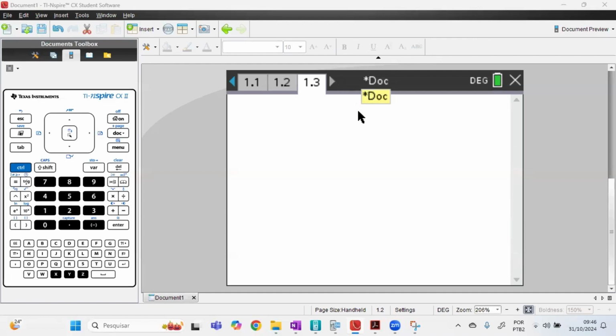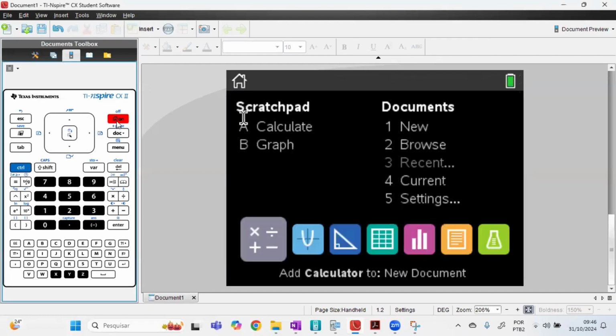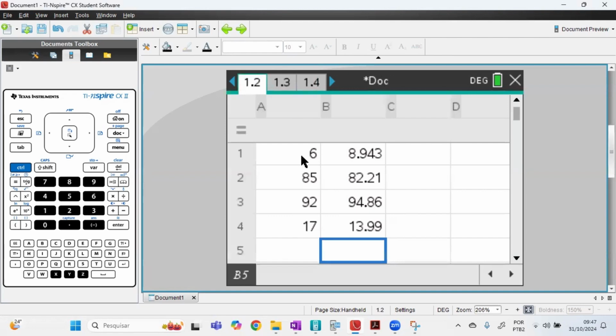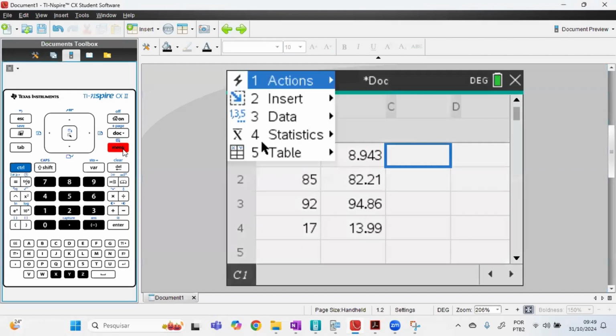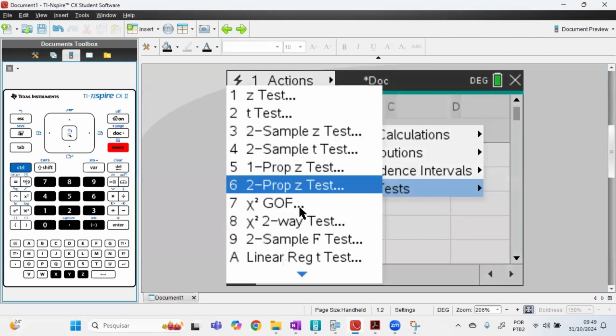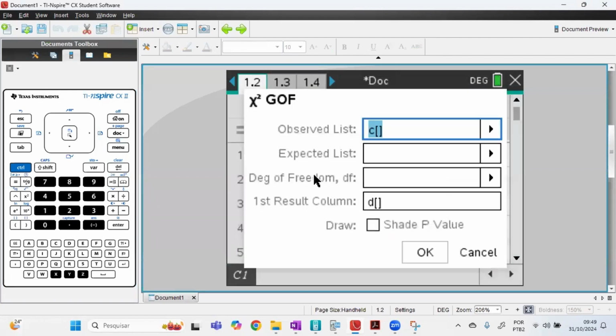In Nspire, we go to the initial screen, select lists, and then insert the observed and expected values. I've already inserted these to make it faster. Then I select menu, statistics, statistical tests, chi-squared goodness of fit test.